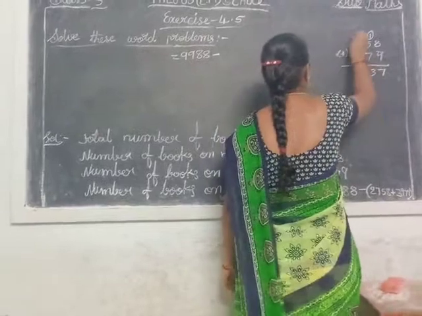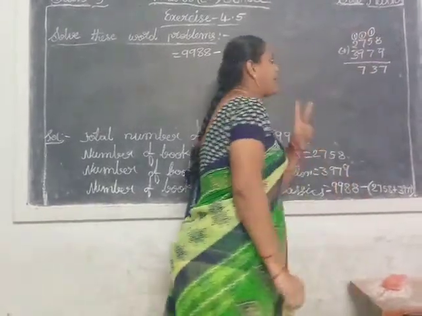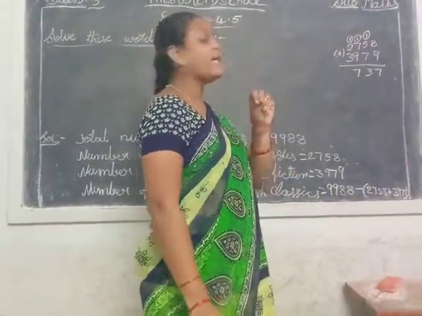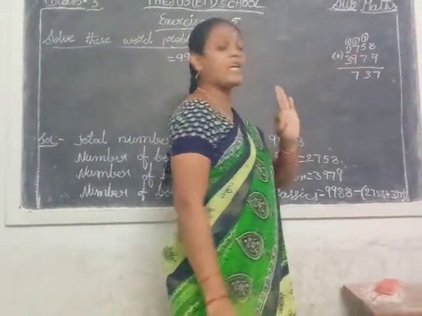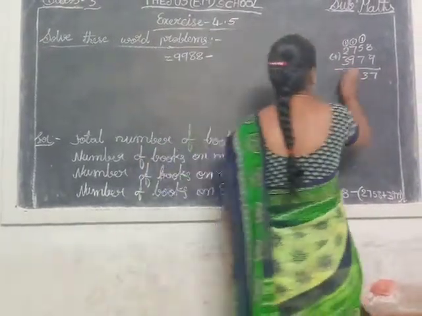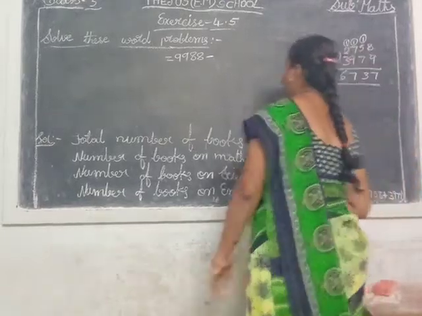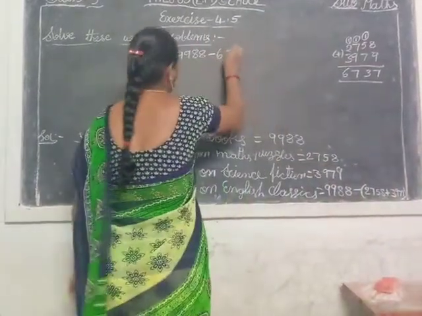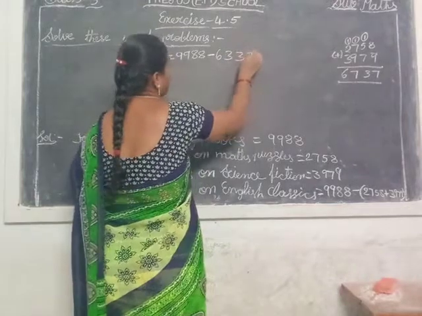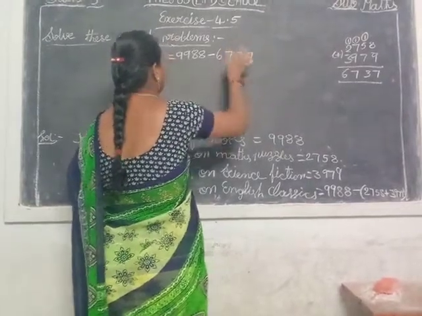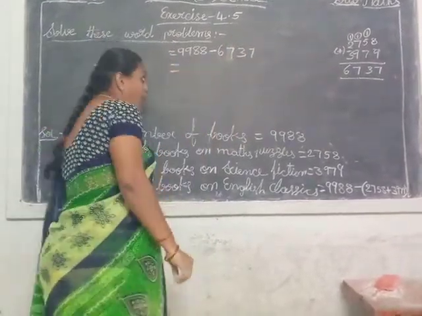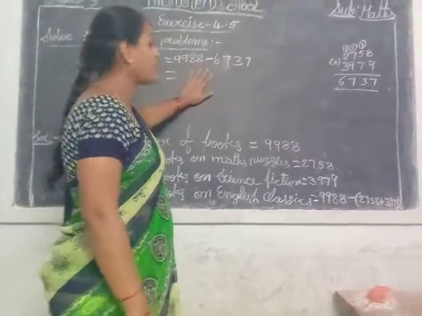So 7 and 1. 1 keep in your mind, take 2 fingers, 1 after 2, 3. 3 keep in your mind, take 3 fingers, 3 after 4, 5, 6. So 6737 is the answer. Adding these two numbers, the answer is 6737.